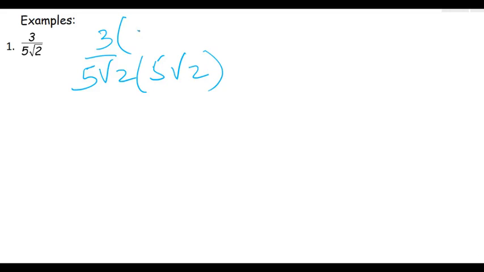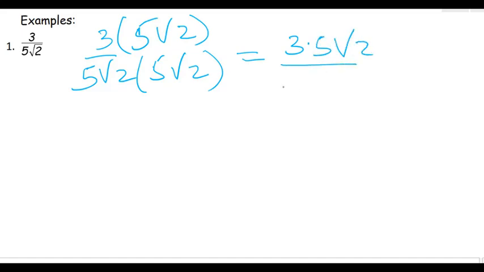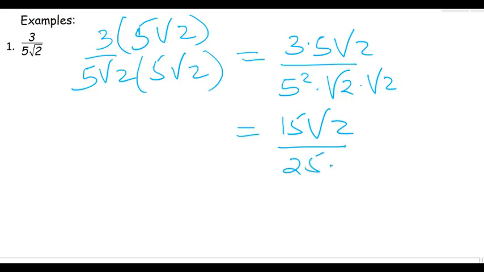In that category, we look at our first example where we have 3 over 5 root 2. We multiply the numerator and denominator by the term in the denominator. So we multiply here by 5 root 2, and in the numerator we multiply by 5 root of 2, which will simplify to 3 multiplied by 5 root 2 divided by 5 squared multiplied by root of 2 multiplied by root of 2, which is equal to 15 root of 2 divided by 25 multiplied by 2.